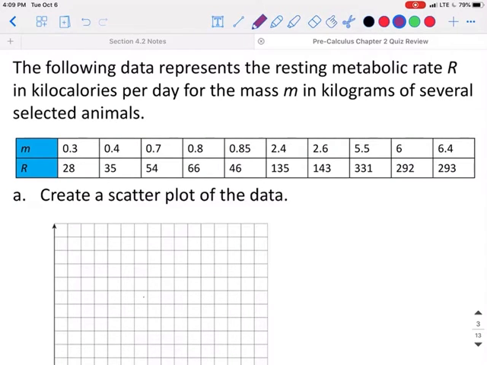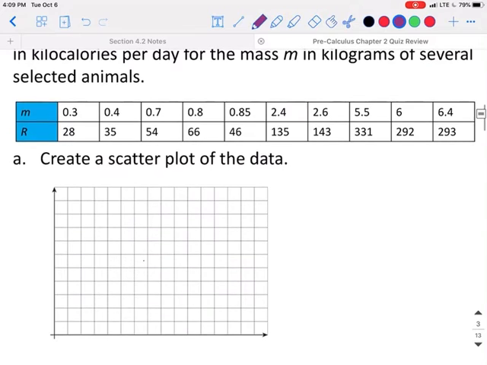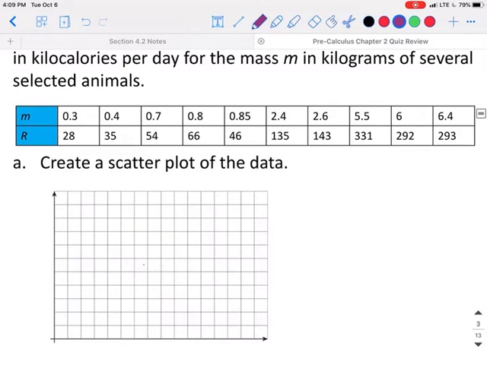The following data represents the resting metabolic rate in kilocalories per day for the mass in kilograms of several selected animals. Create a scatter plot.